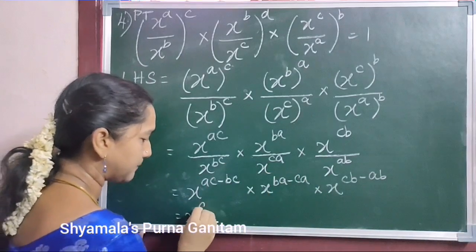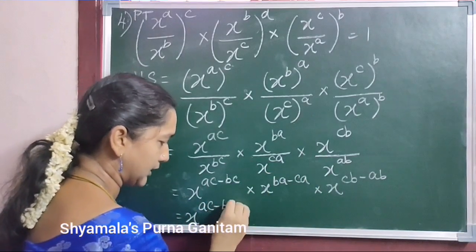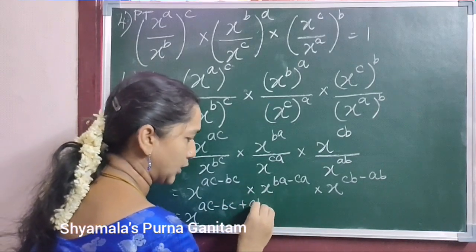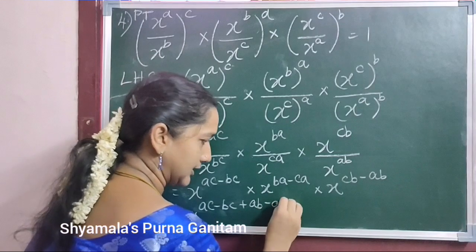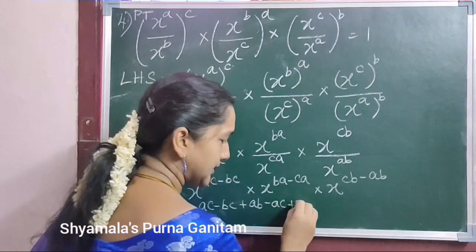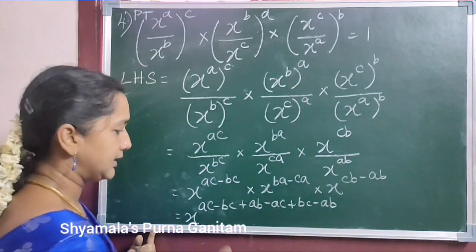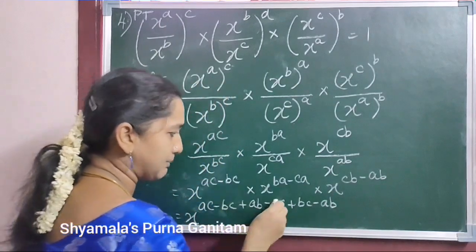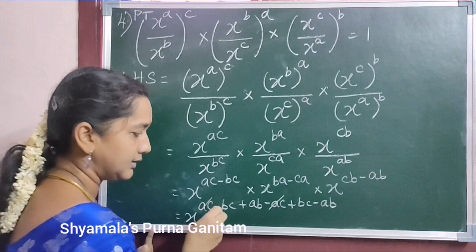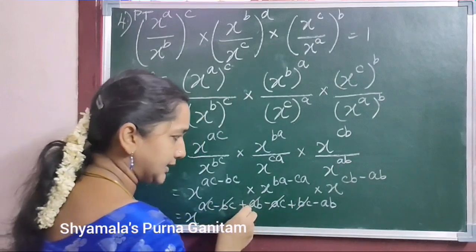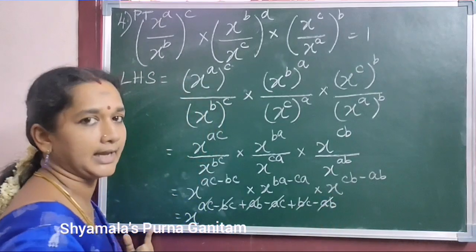So x power AC minus BC plus BA, you can write it as AB also, AB minus AC plus BC minus AB. Now you see the powers. AC plus AC minus AC will get cancelled. Minus BC plus BC will get cancelled. Plus AB minus AB will get cancelled.